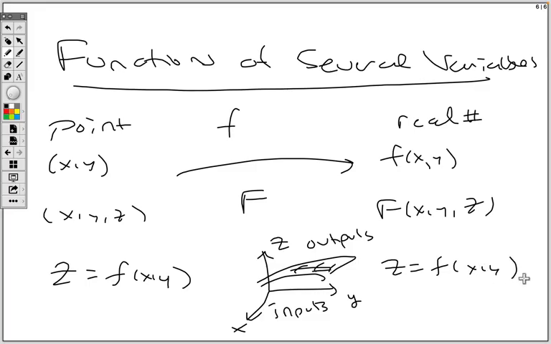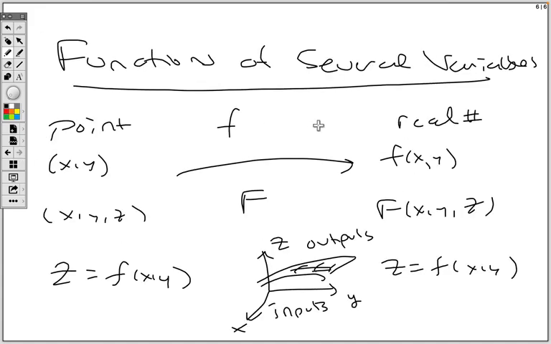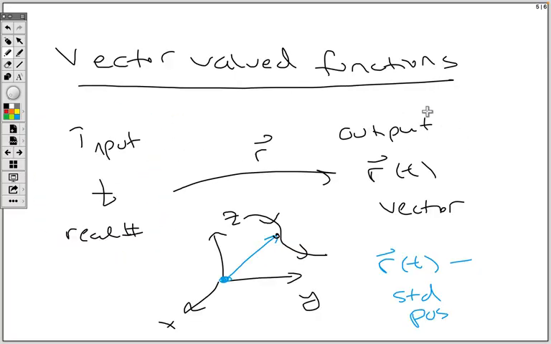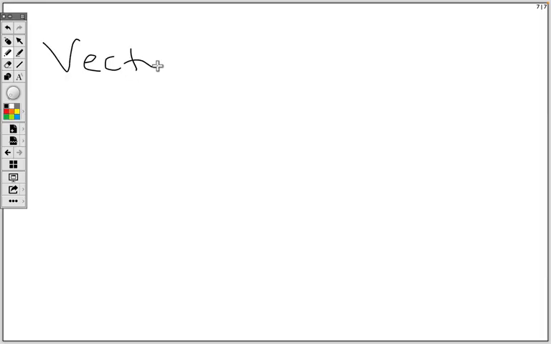So what's a vector field? A vector field combines vector valued functions with functions of several variables. So the domains for vector fields are going to be points, either in 2 or 3 space, and the range, the outputs, are going to be vectors. So that's what a vector field is. It's the combination of these two things.